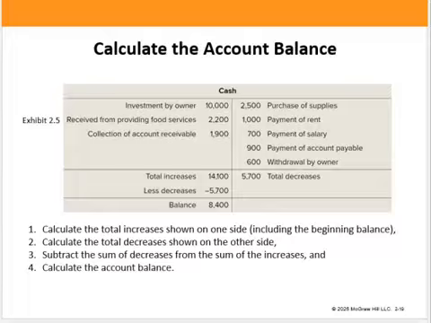If there was an opening balance, you'd include that as well. Calculate the total decreases shown on the other side. Subtract the sum of the decreases from the sum of the increases, which we did. We took 14,100 minus 5,700, and then we got our balance of 8,400 on the positive side for cash, which would be the debit or the left-hand side.